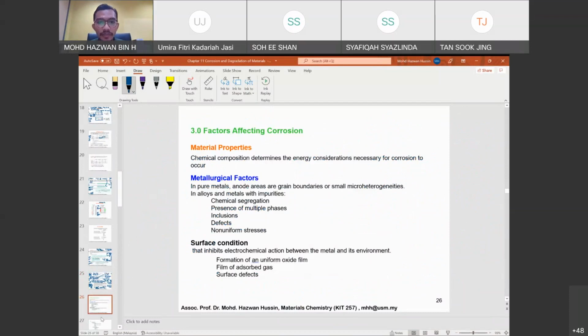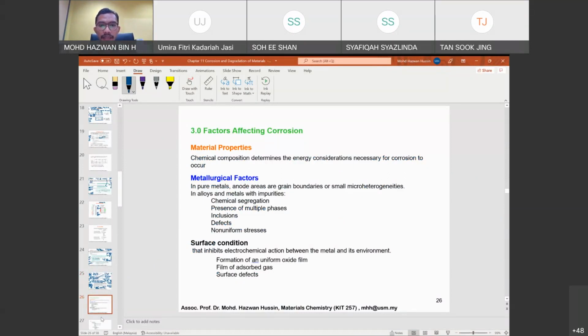And now we are moving on to the factors affecting corrosion. Briefly, we have a few factors that can affect the corrosion process. It could come from the material properties, where the chemical properties determine the energy consideration necessary for corrosion to occur. We also have metallurgical factors.